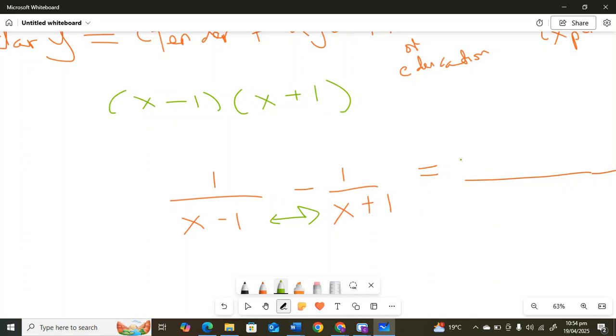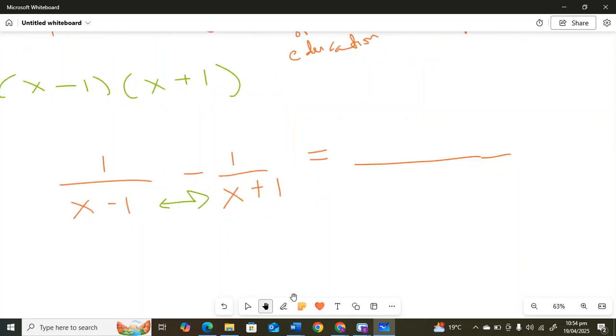What is in our denominator? Are we getting this?